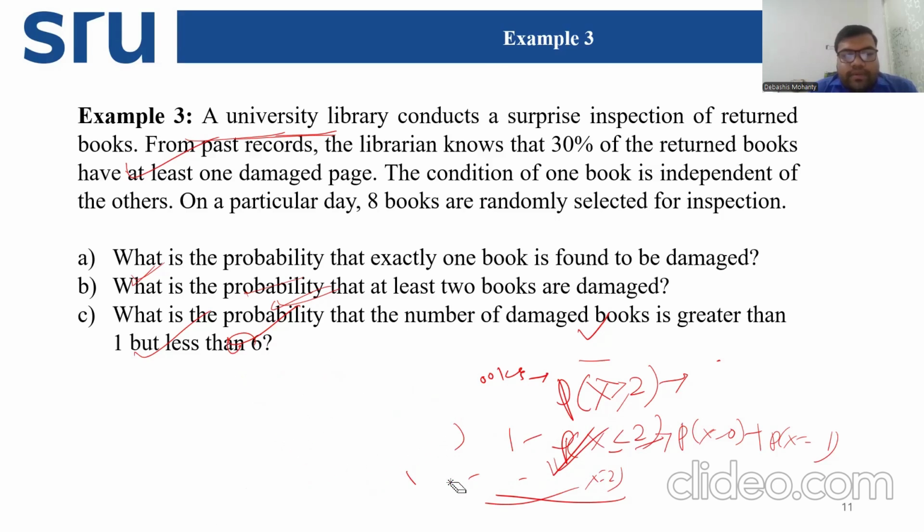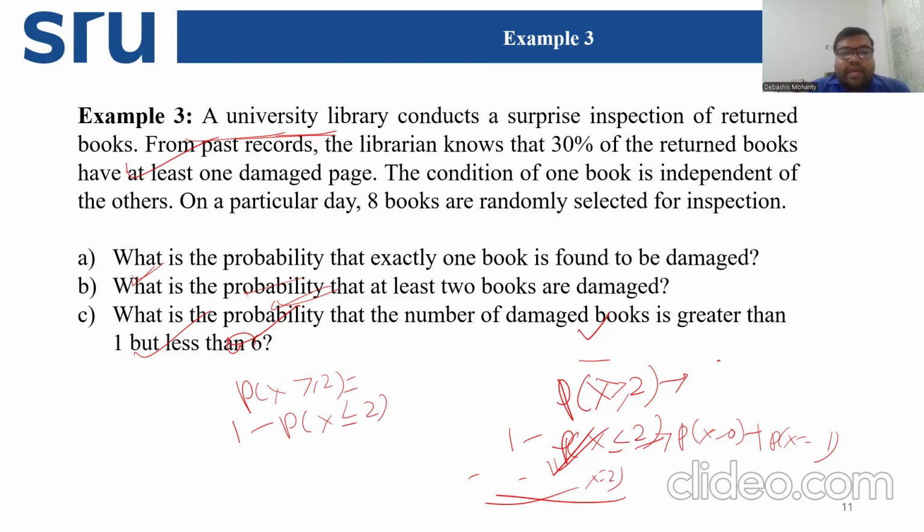Okay. So next we'll see here. Okay, students. So here next we will see what is the probability that at least two books are damaged. So we need to calculate here the probability of x greater than or equal to 2. To calculate that, 1 minus probability of x less than 2. So either you are choosing the lesser values of 2, right?